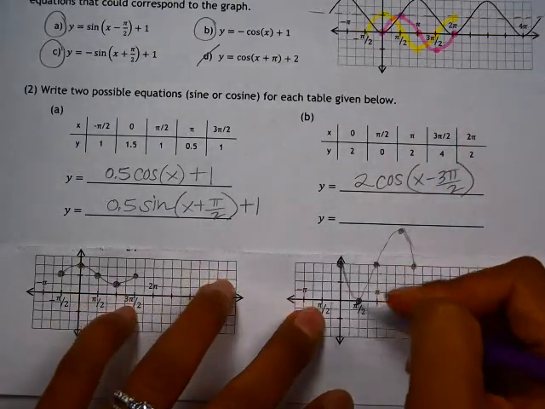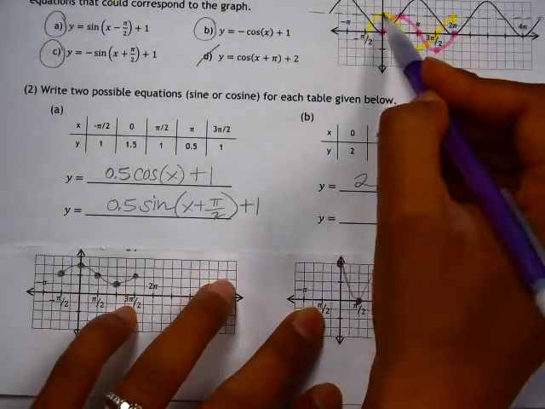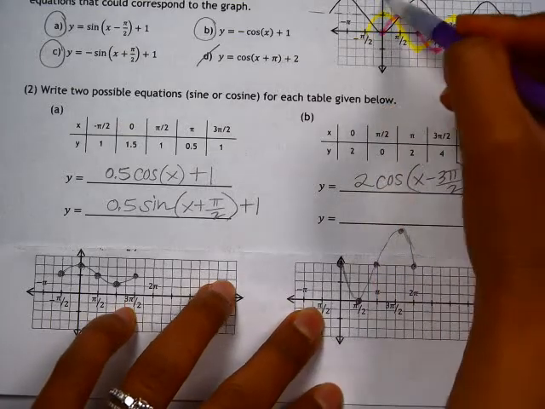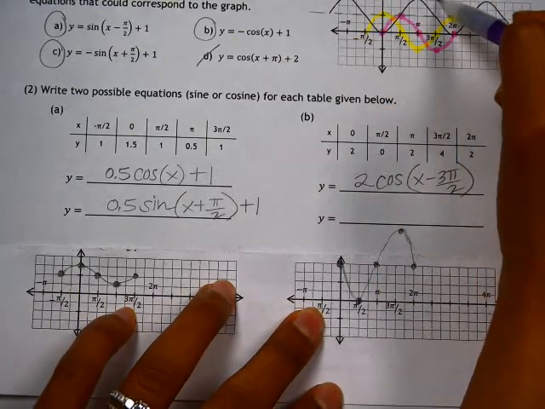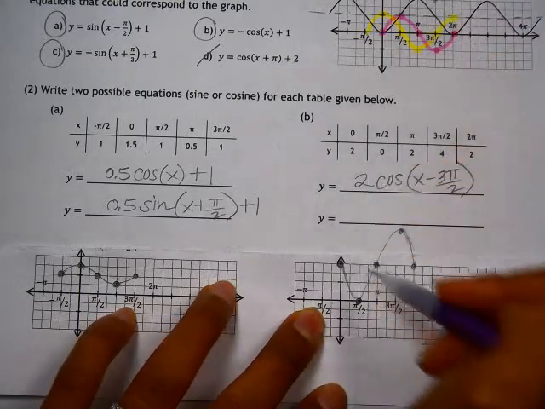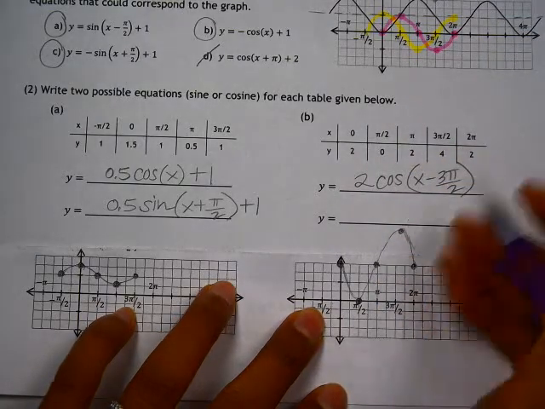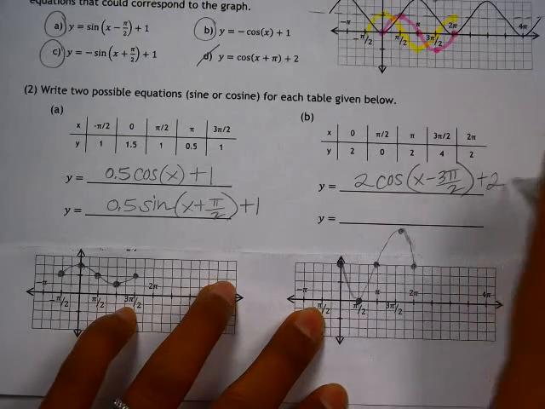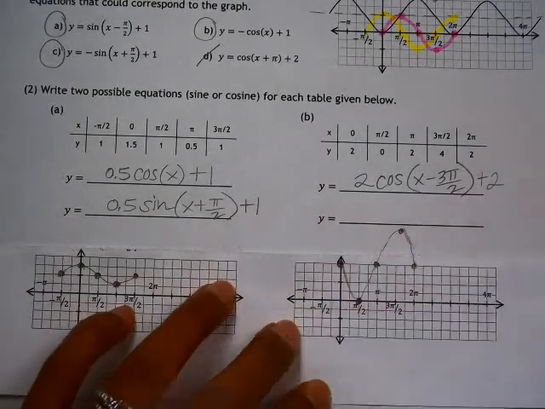So if this has double the amplitude and is shifted over by 3 pi over 2, the top of the graph would end up here. But here the top of the graph is 2 units higher, so I'm going to do plus 2 to take care of that.